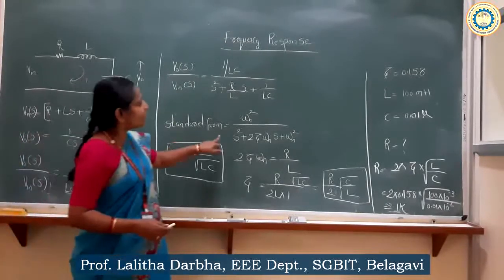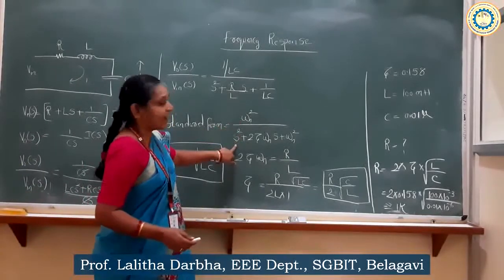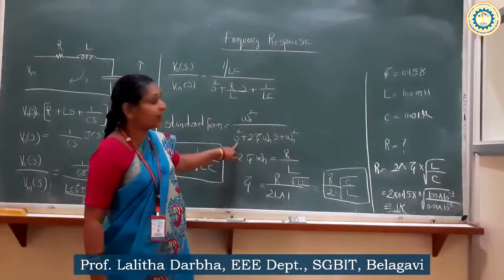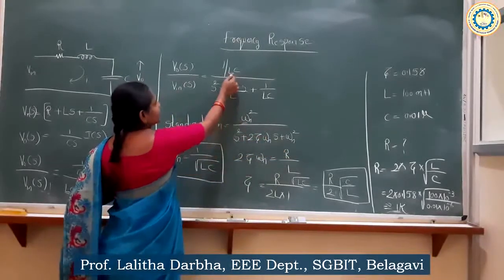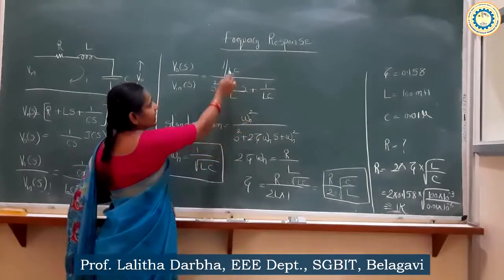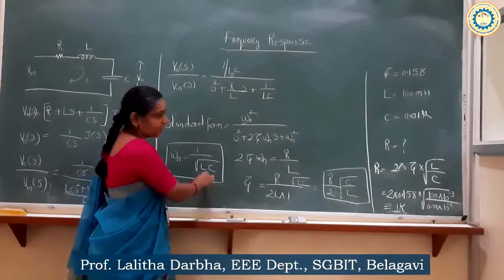The standard form of the second order expression is omega n square by S square plus 2 zeta omega n s plus omega n square. If you compare the expressions, our omega n square is 1 by LC, so omega n becomes 1 by root LC.